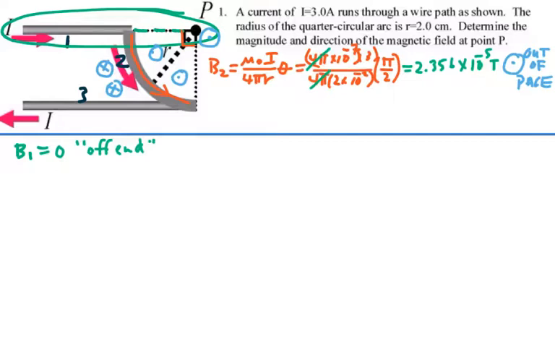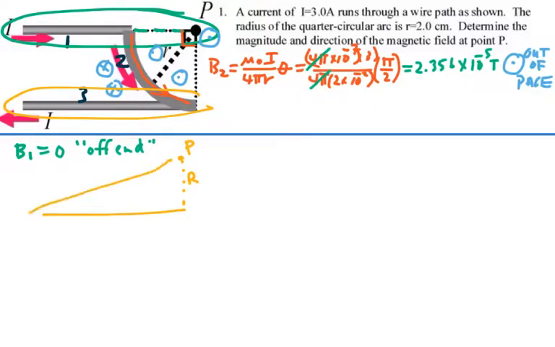Now we want to look at 3, this segment right here. It's kind of offset from point P by distance r, and we're going to go all the way this way as this current is going here.